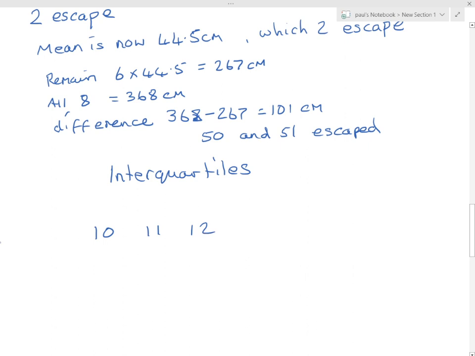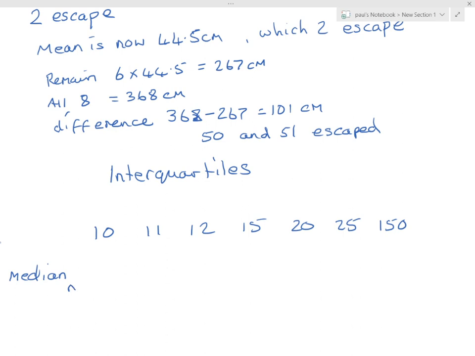11, 12, 15, 20, 25, and 150. Okay, the first thing to do with interquartiles is to find the median. Find the median first. Median is the middle value.